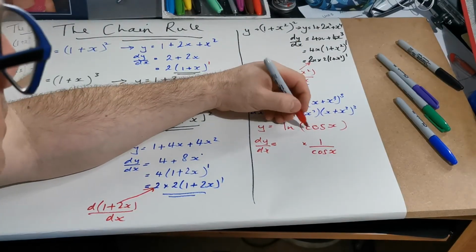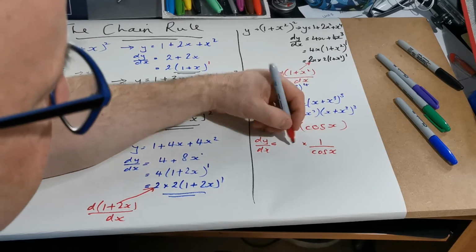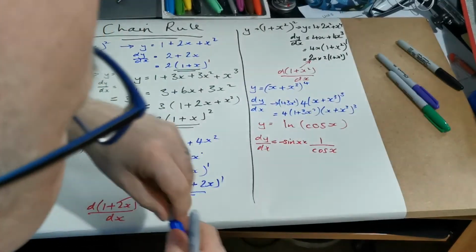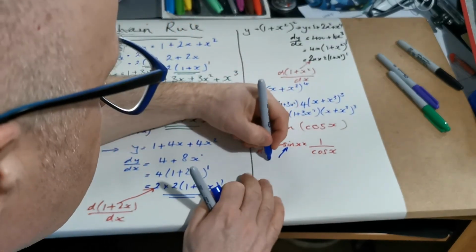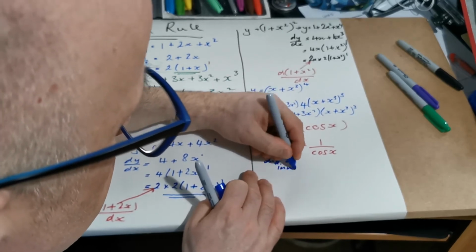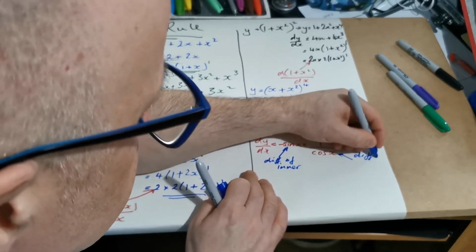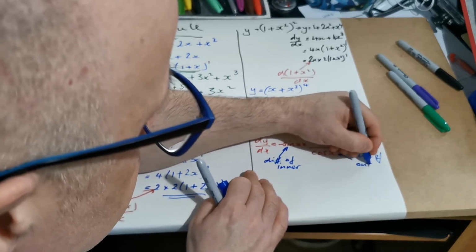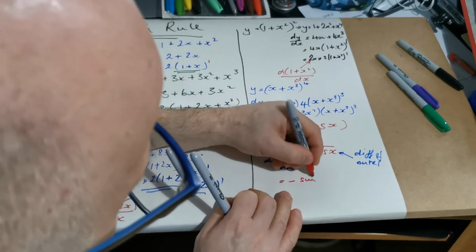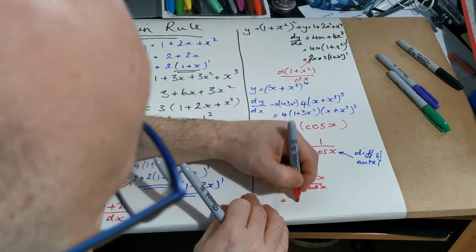But then you need to think about the differential of what's inside the bracket. The differential of cos x is minus sine x. So let's just label what we're doing: the differential of the inner function times the differential of the outer. So my answer would be minus sine x over cos x, which is minus tan x.